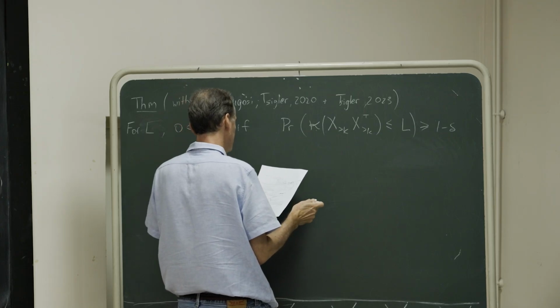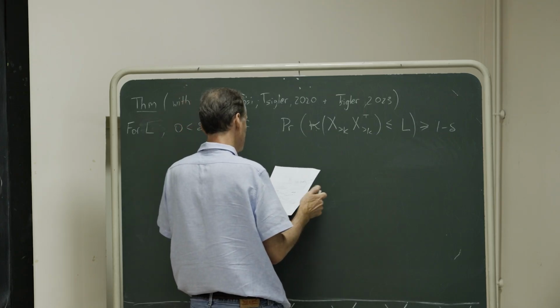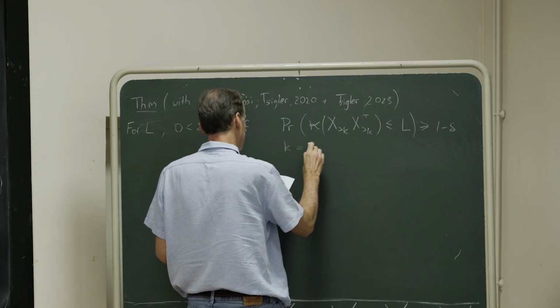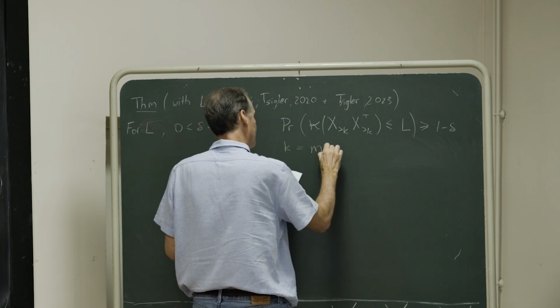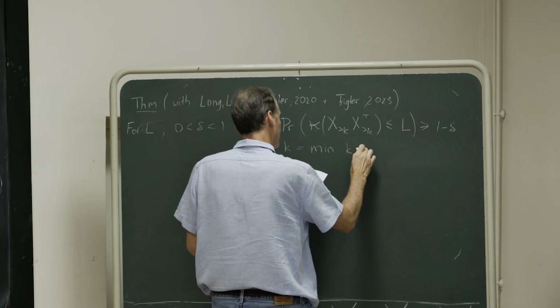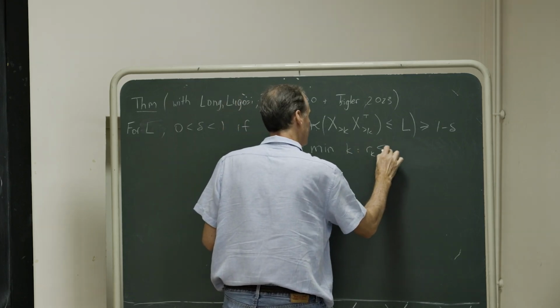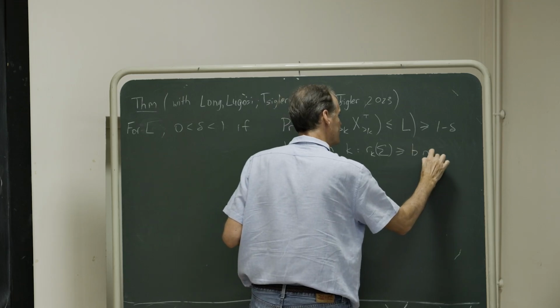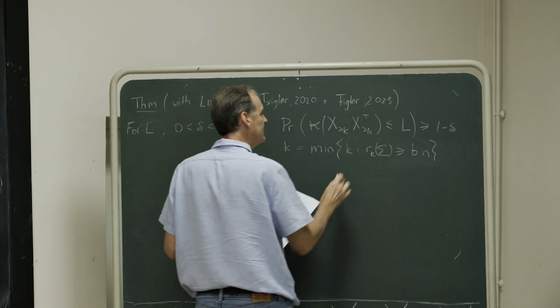and we have our k is good enough to give us that Rk sigma is at least a universal constant times n.